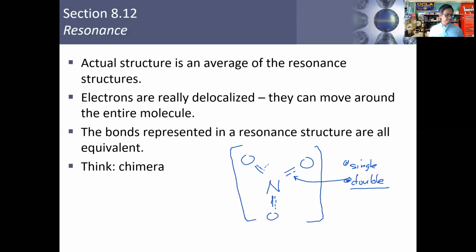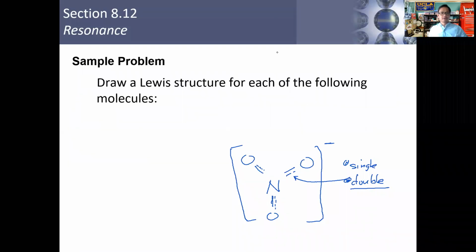This is how we represent the delocalization of these bonds. That's one issue you'll have to deal with when we deal with Lewis dot structures.